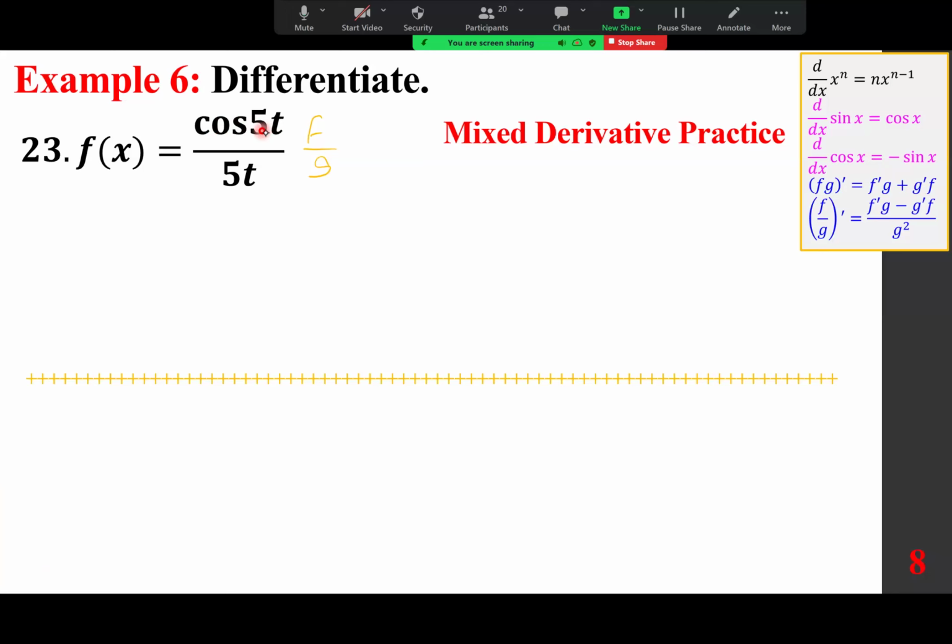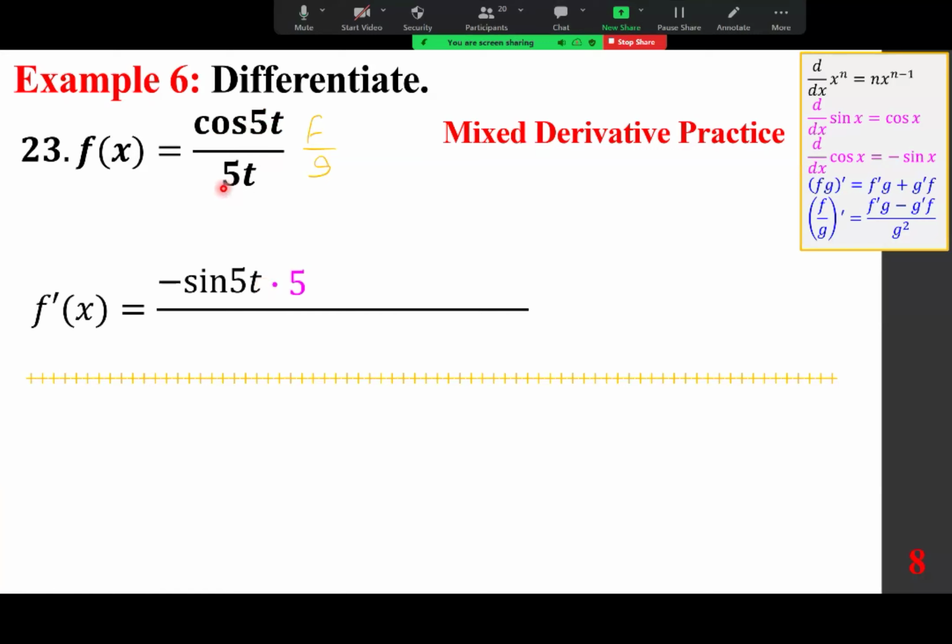The same thing, 5t. And then by the chain rule, times the derivative of 5t, which is 5, times g, which is 5t, minus g prime, 5, times f, cosine of 5t, over g squared. Square this: 25t squared. Done with calculus.